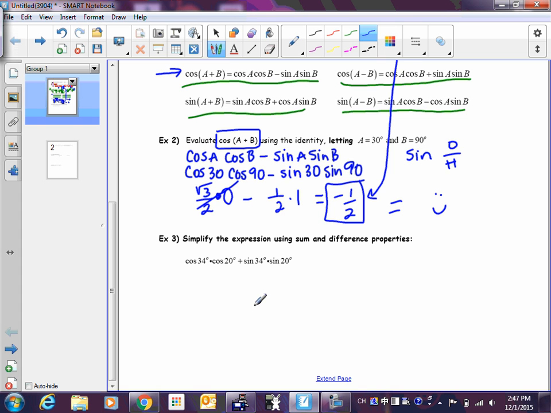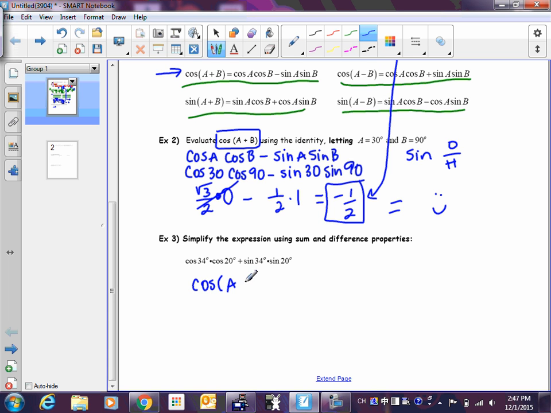Sine a plus b. You're close. Which one is cosine, cosine plus sine, sine? Cosine A minus B. So I'm just going to go ahead and write that.